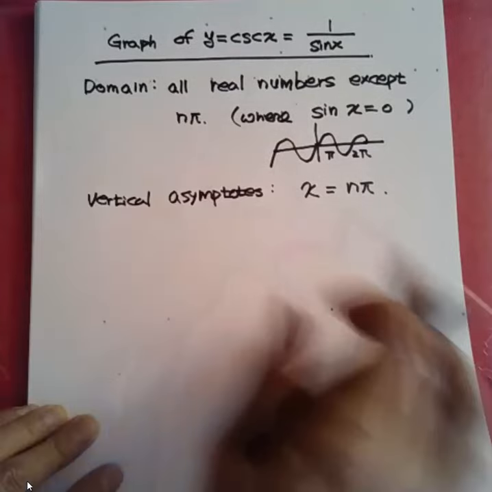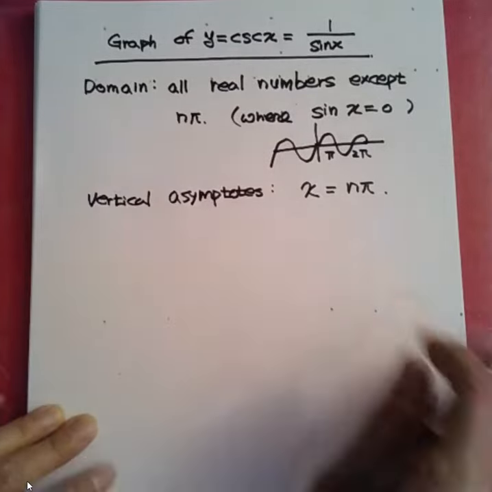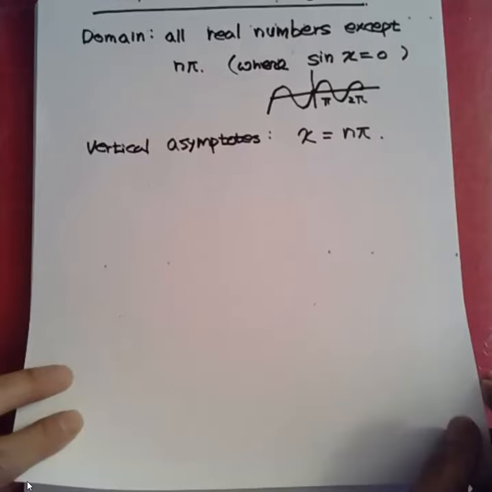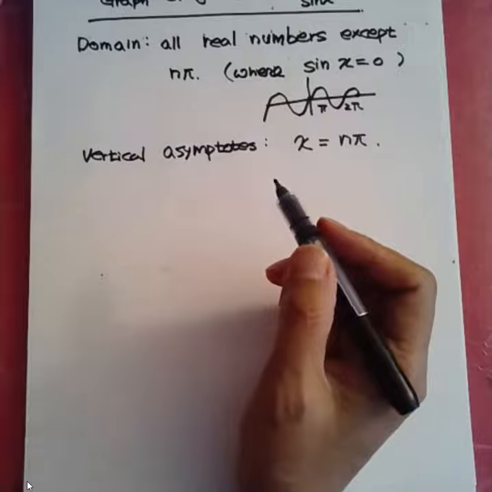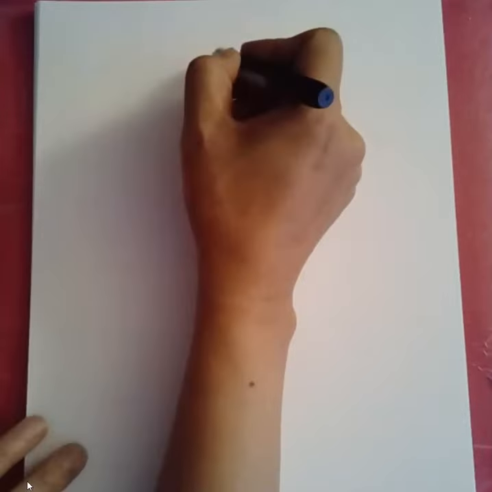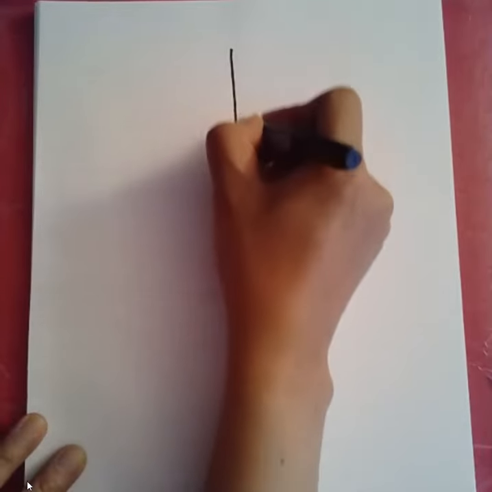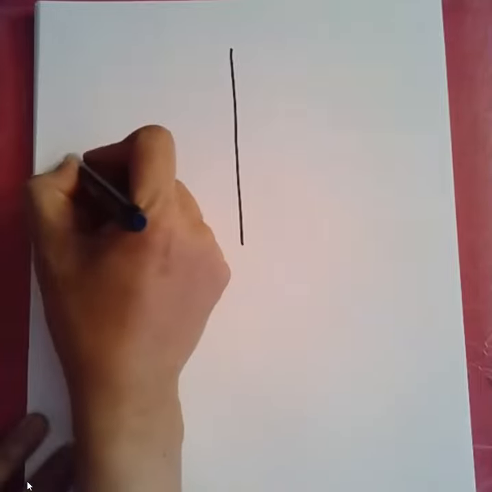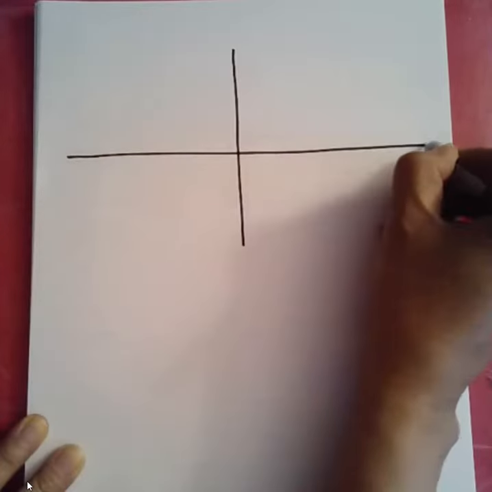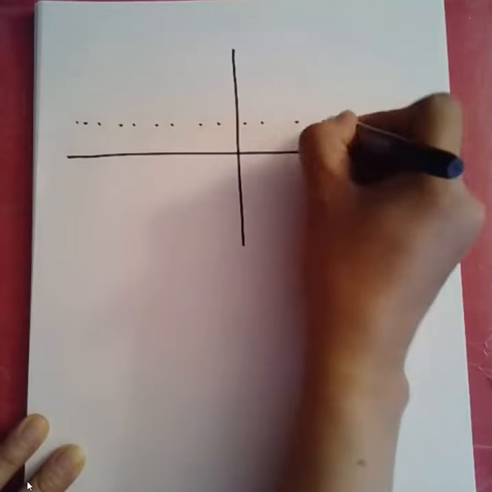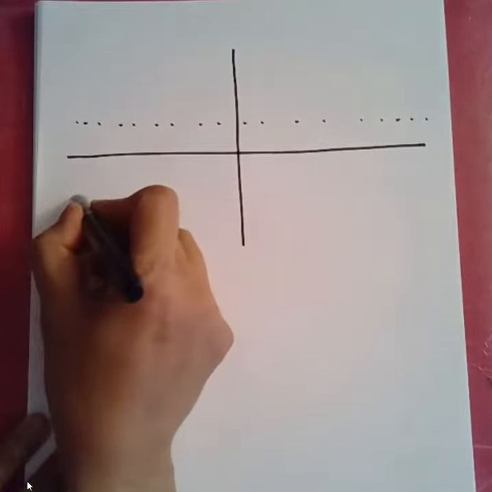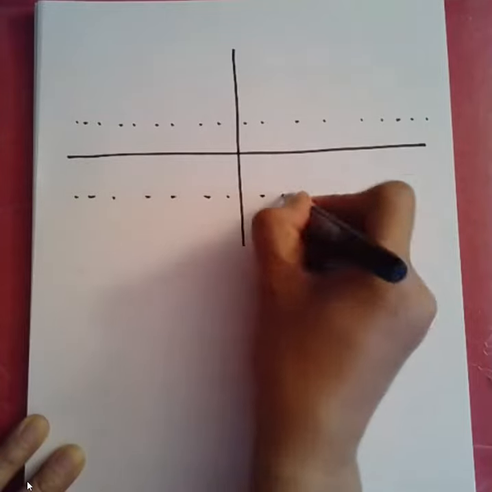So the same. Let's draw the graph of cosecant function. What we do is we first draw the graph of sine, and then we will think about the reciprocal of that.